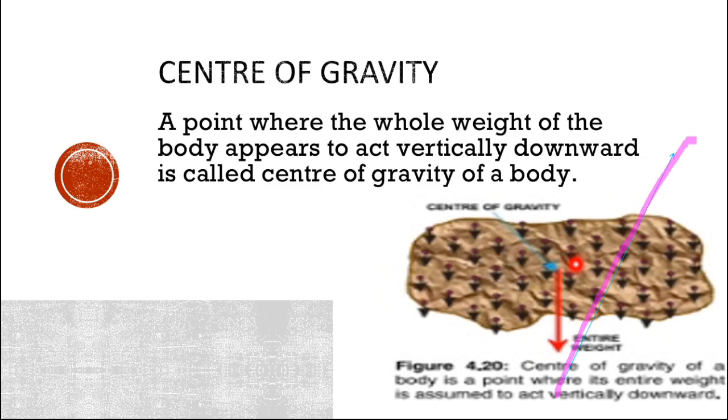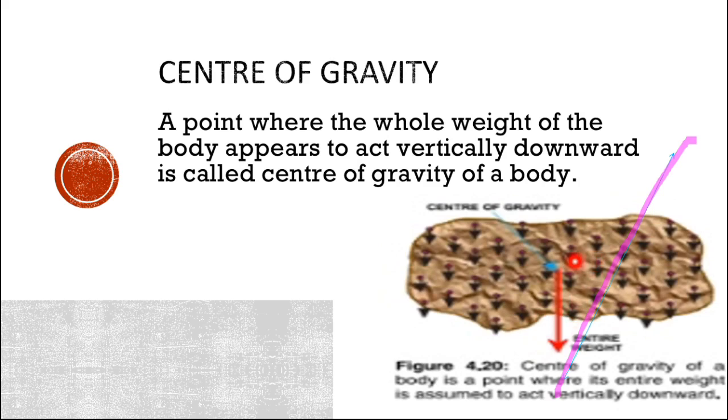Let's say we consider a point here and call it A. Now if I draw an axis, you can clearly see that there are more particles on the left hand side than on the right hand side. If there are more particles on the left hand side, it means that a large number of forces are also acting here, because of the large number of particles, and these particles will also have weight.